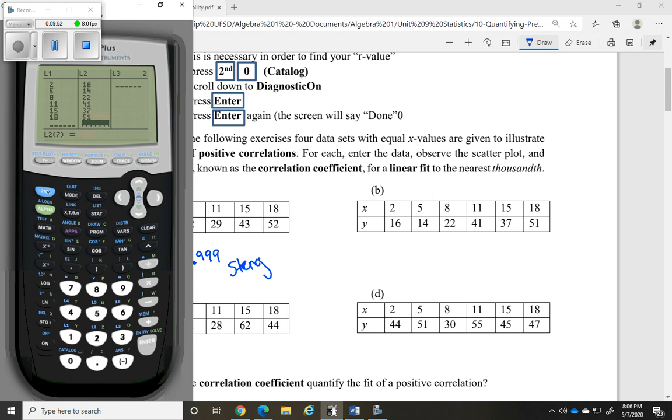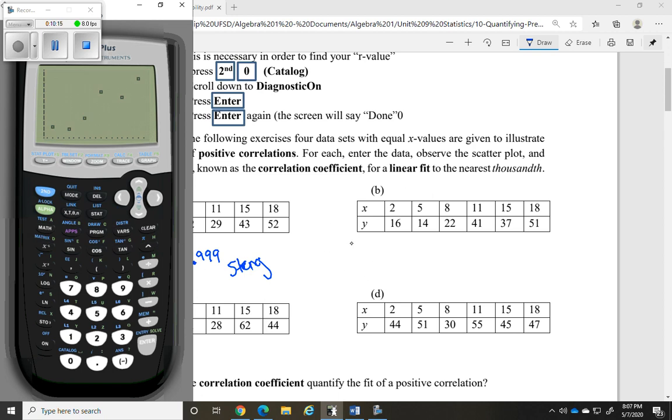Let's take a look at that scatter plot. So second y equals brings me to stat plot. It's already on the scatter plot. Zoom, stat, and I could see it's still a positive correlation, but it's a little more spread out.